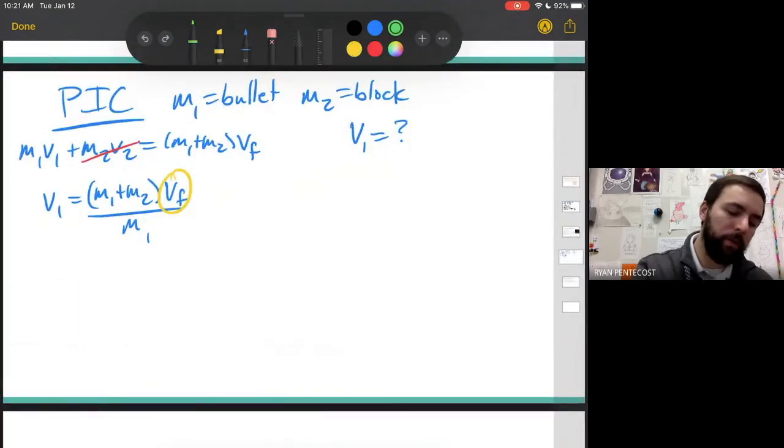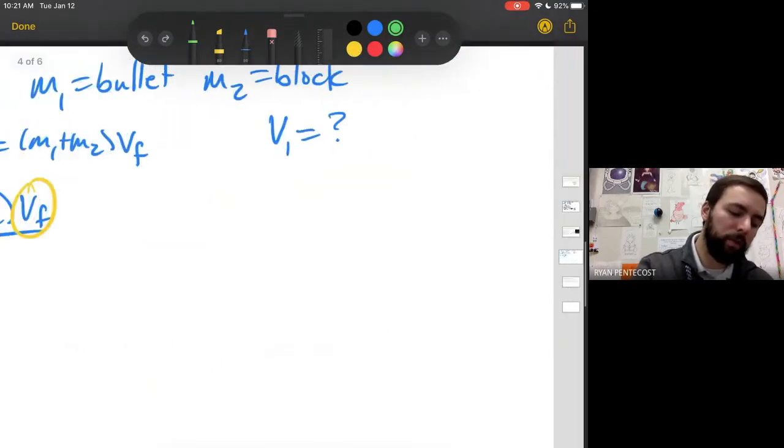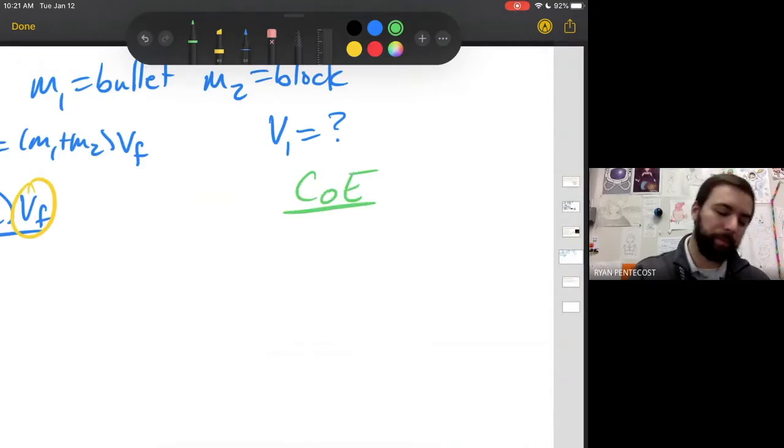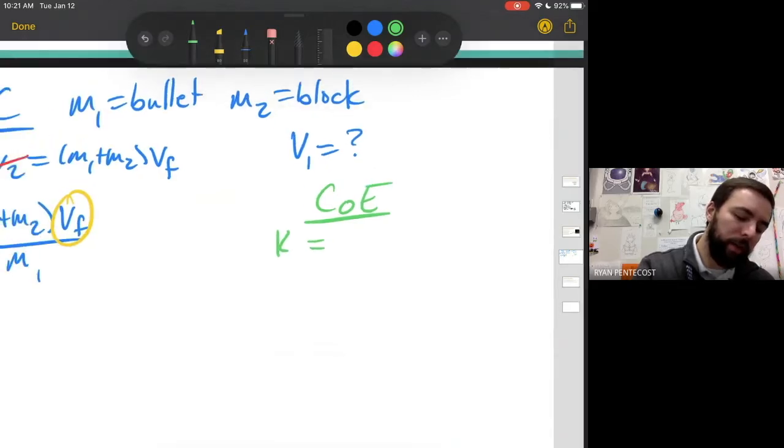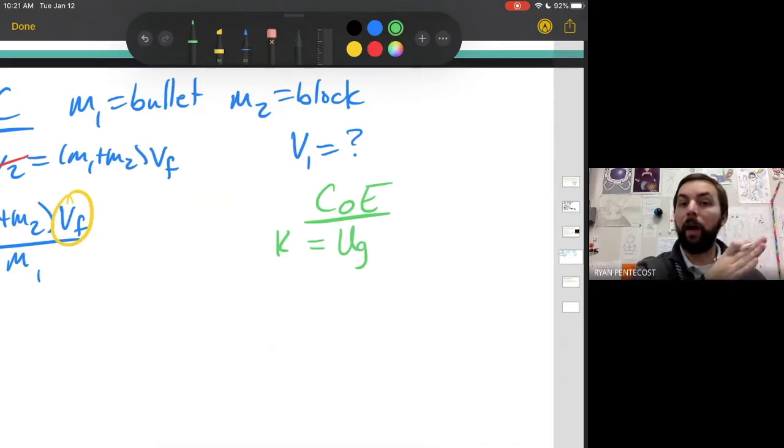So if you use a COE, a conservation of energy problem, we could actually get velocity in terms of height. So if we say the kinetic energy after the collision is equal to the gravitational potential energy at the top of that swing, right?